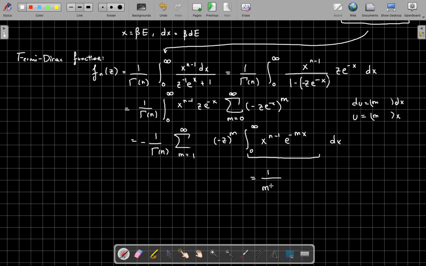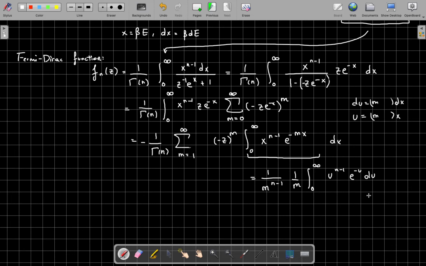So this is 1 over m to the power of n minus 1 times 1 over m from the dx, integral from 0 to infinity of u to the n minus 1 e to the minus u du.